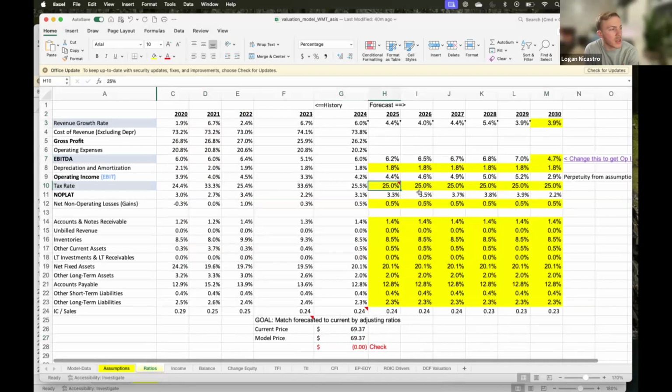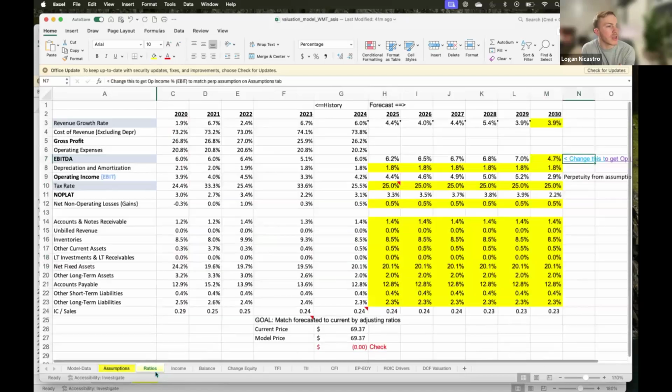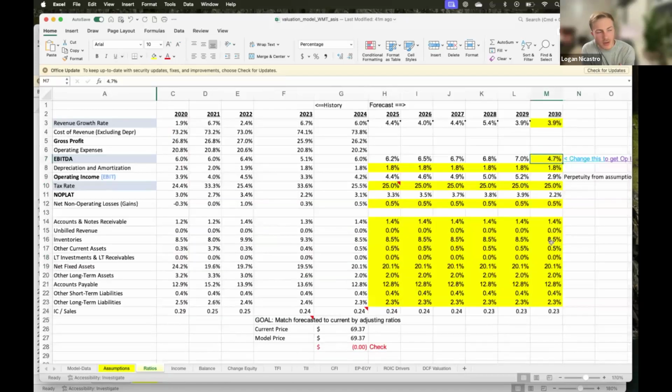For Walmart, we said that the tax rate was going to be 25. If we look at Bloomberg, it said between 25 and 26. So we saw no reason to change it there. In terms of EBITDA, we used the Bloomberg as well, and we got a range of 4.6 to 4.8. So what we did is we just split the difference and did 4.7.